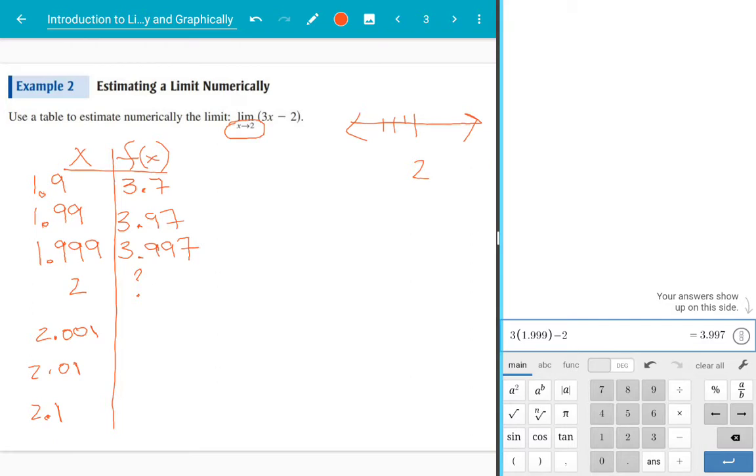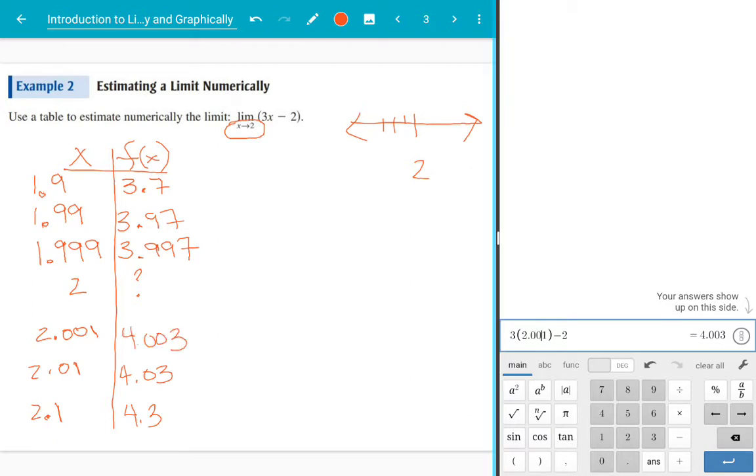So instead of this 1.99, let's put 2.1. I get 4.3. Now we're going to get closer. We'll put 2.01, that's 4.03. And let's try 2.001, and we get 4.003.